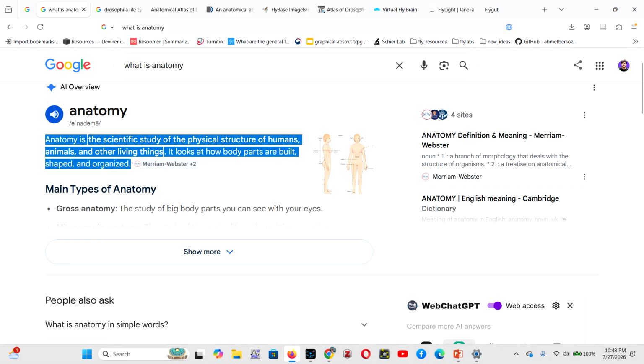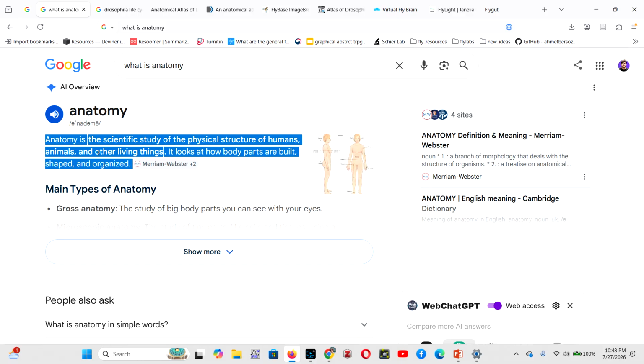This is of course an AI overview of the word anatomy. When I was trying to come up with a definition for anatomy, so we can interpret it properly, I was thinking that I should go for some very good resources for this word.